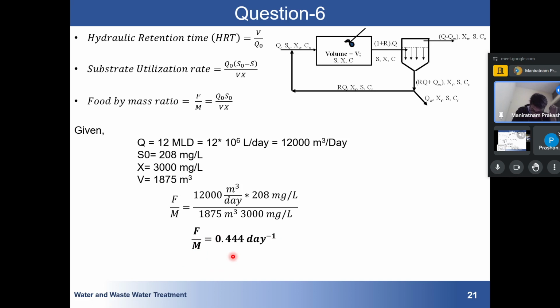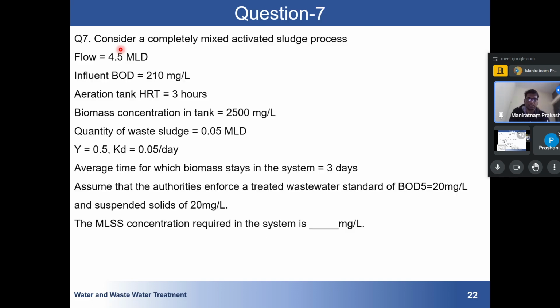I hope this is clear to you. Remember, there is no direct derivation, but there are several things related to this activated sludge process: this substrate utilization, then there is mean residence time, and already there is hydraulic retention time. So go and check out those three things.